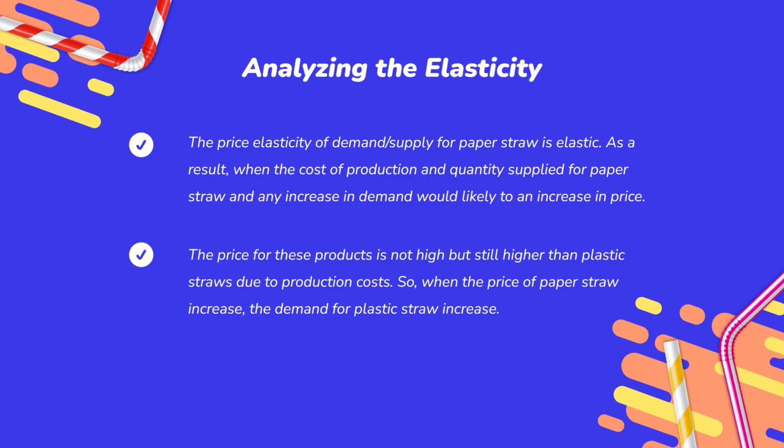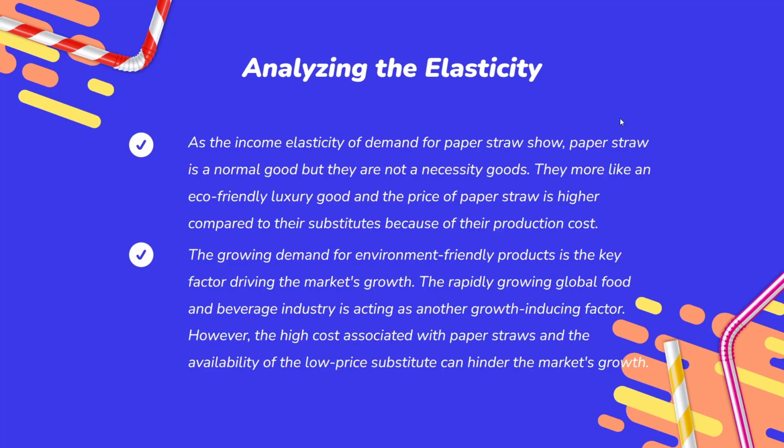So when the price of paper straw increases, the demand for plastic straw increases. As for the income elasticity of demand, paper straw is a normal good, but not a necessity good. They are more like an eco-friendly luxury good, and the price of paper straw is higher compared to their substitutes because of their production cost.